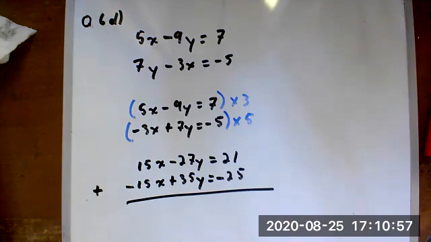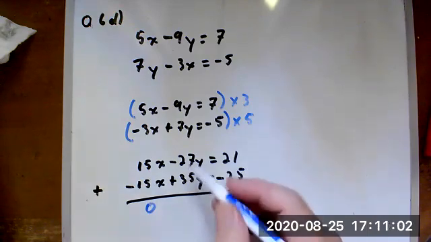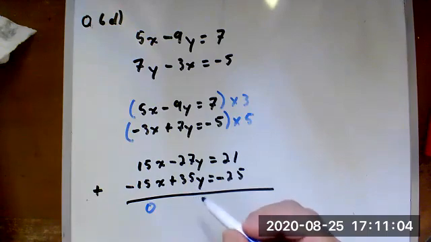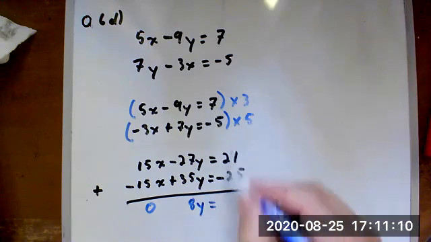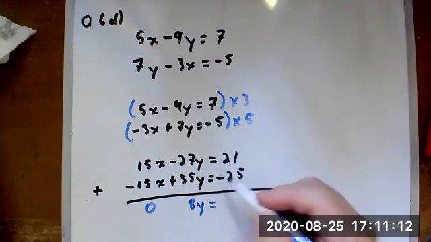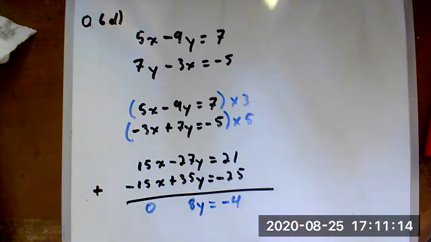When I add these equations, the x's disappear. Negative 27 plus 35 gets me a positive 8y. 21 minus 25 gets me negative 4. Divide by 8 on both sides, reduce the fraction, and y is negative 1/2.